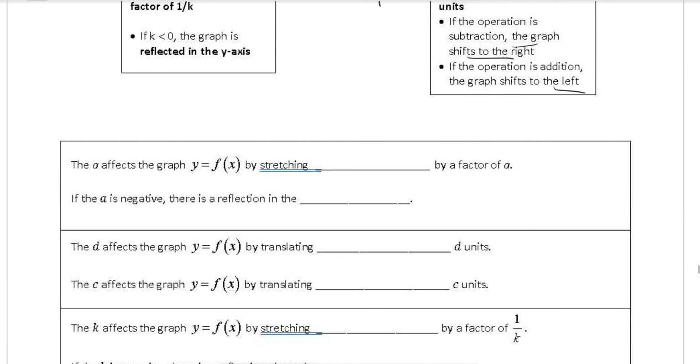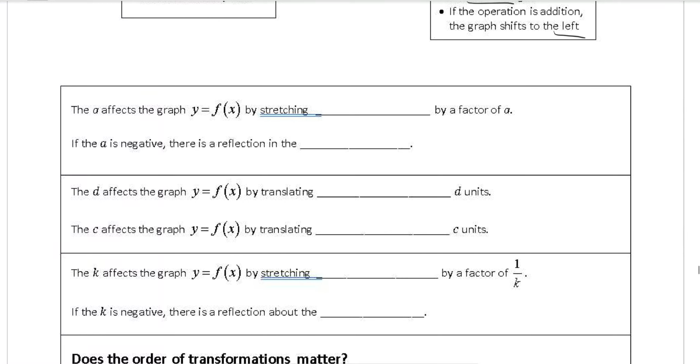Okay, so again, filling in our notes, just writing that down here. a affects the graph of f(x) by stretching vertically by a factor of a, and if a is negative, there is a reflection in the x-axis.